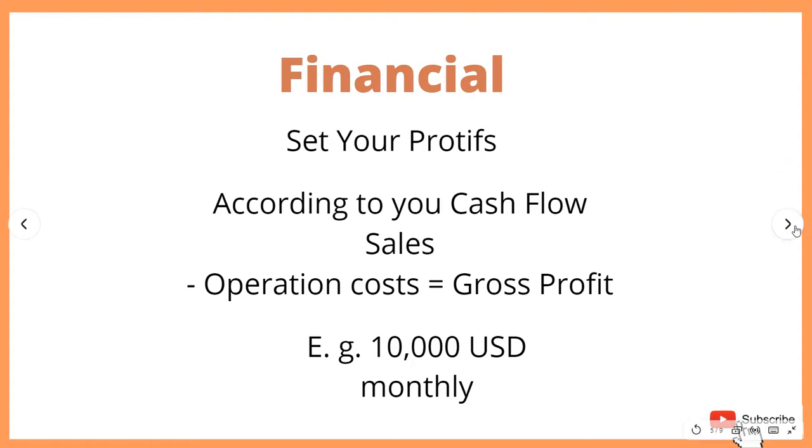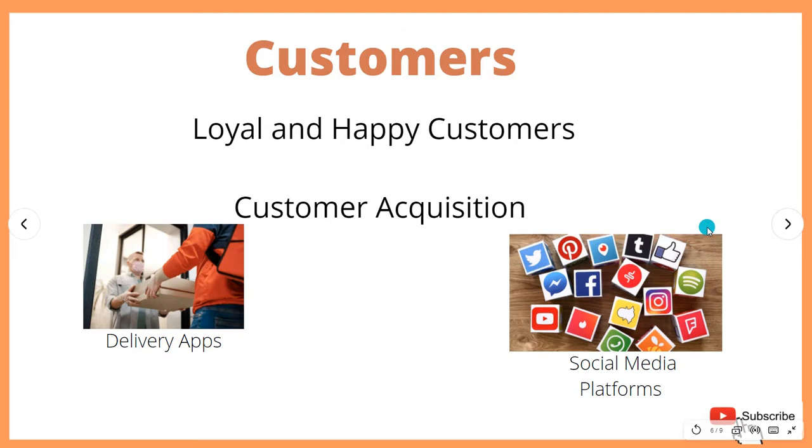And to reach those numbers, we need happy and loyal customers. So for that reason, we need customer acquisition. For a cloud kitchen, we need to advertise on 2 different platforms. The first one, and the most common nowadays, is delivery apps. In your country and in your town, you have a wide variety.